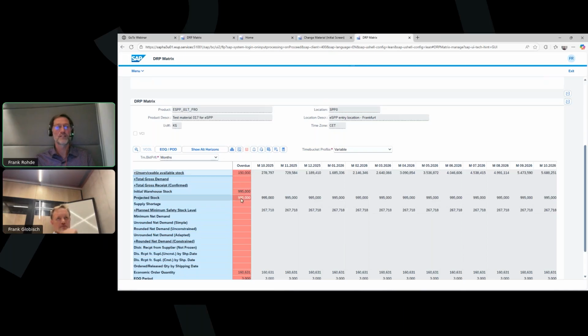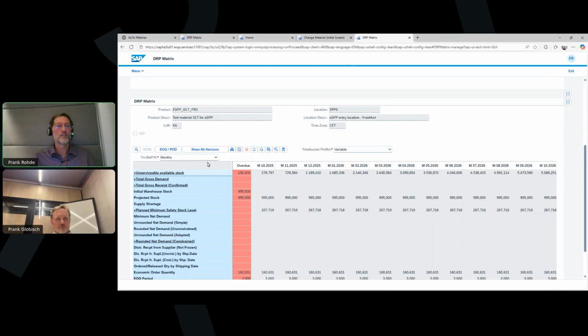And that is what we have here. On top of the 995 of projected stock, our initial stock, we now have 150 pieces that can be used for repair and can contribute to our demand in the supply chain. The next step is to simulate.